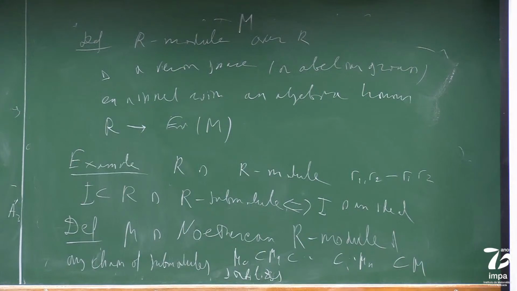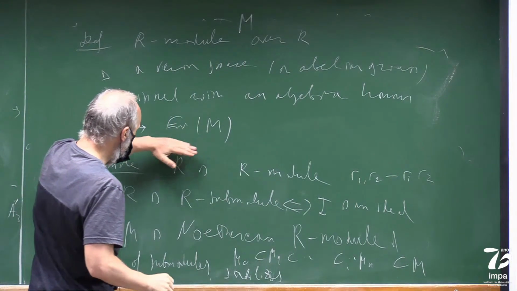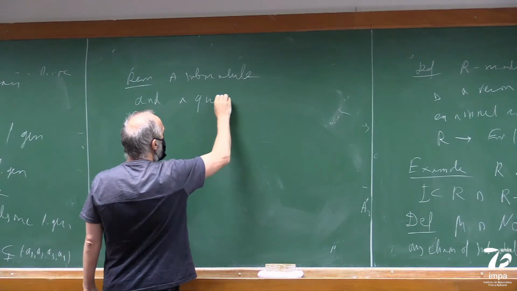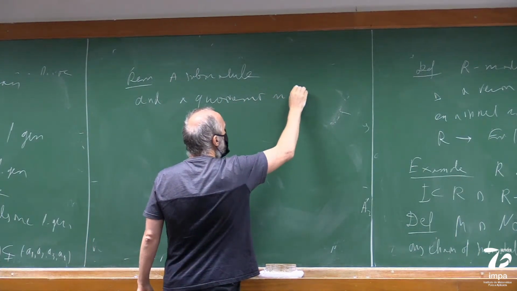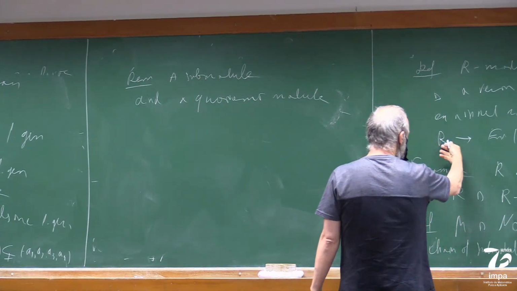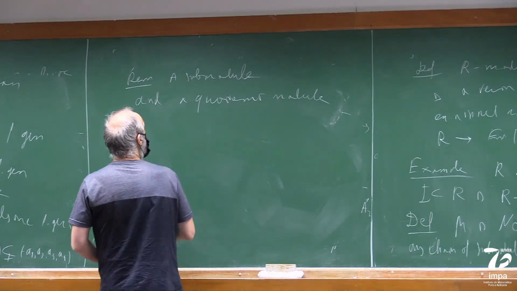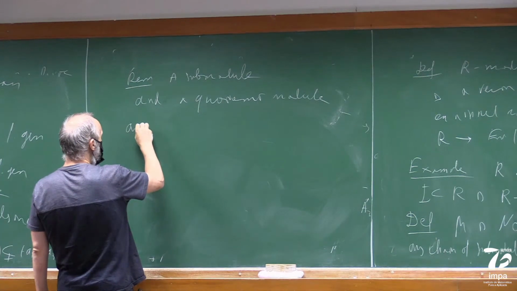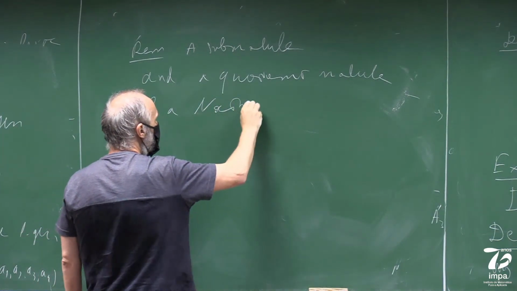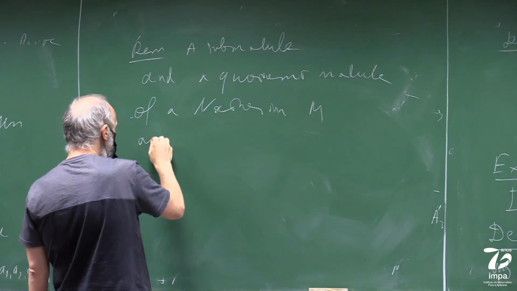So remark: a submodule, which means that it is a subgroup which is preserved by these endomorphisms which come from R, so it's preserved by multiplication in R. A submodule and a quotient module, a quotient module is again a quotient space by a subspace which is preserved by R, so the quotient is also preserved by R, of a Noetherian module M are as well Noetherian.